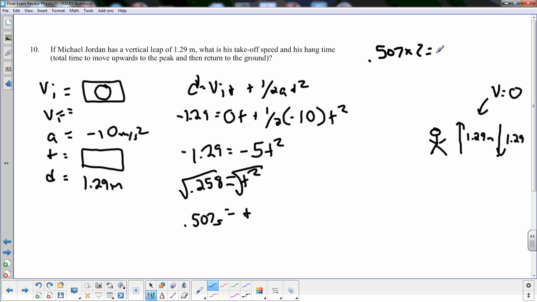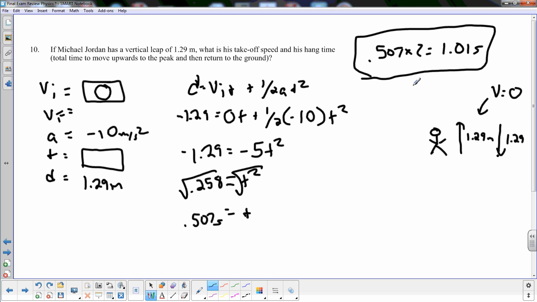What was his takeoff speed? Well, that's pretty easy too, because you can treat it as a free fall, and you can figure out his final velocity. So VF squared equals VI squared plus 2AD. We're looking for his final because that's what he's hitting the ground with. We know the distance is negative 1.29 meters.